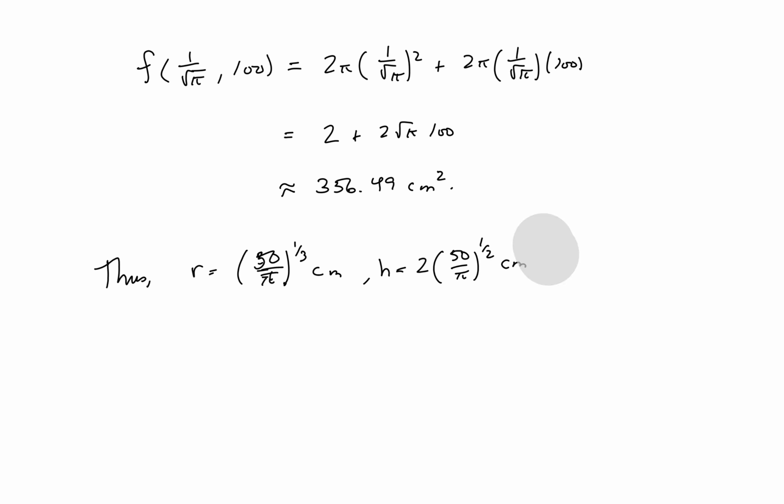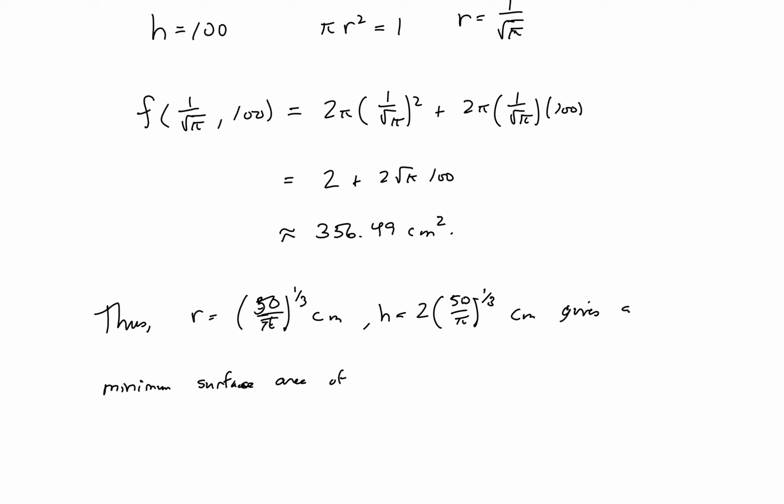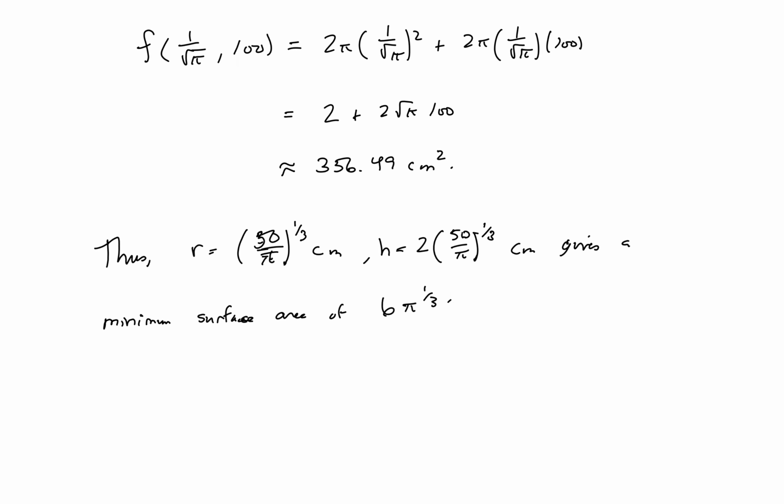These give a minimum surface area, which our value up here was 6 times pi to the 1/3 times 50 to the 2/3 centimeters squared.